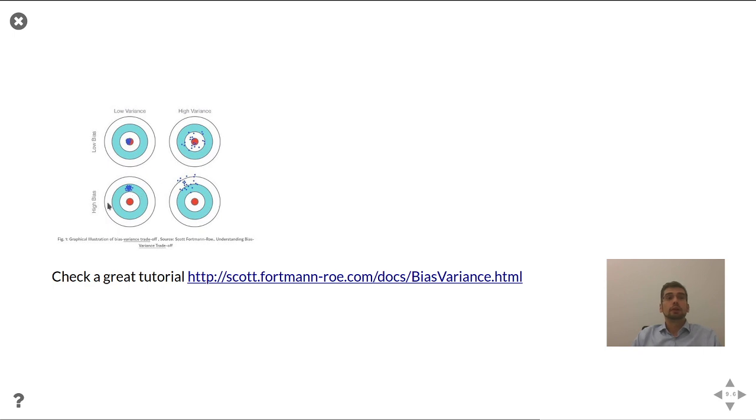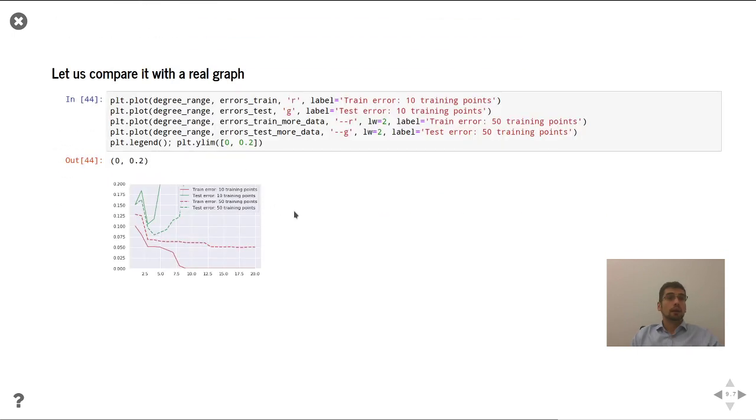And finally, for high bias and high variance, you have a combination of these two types of errors. So I recommend you check this blog post for further discussion on the topic.